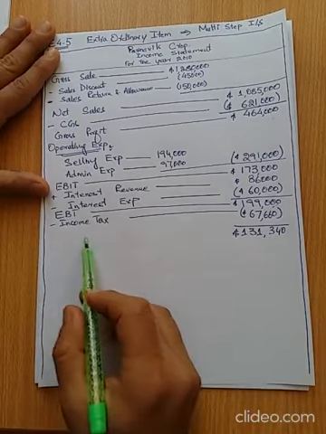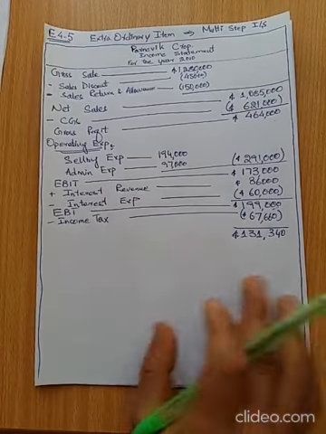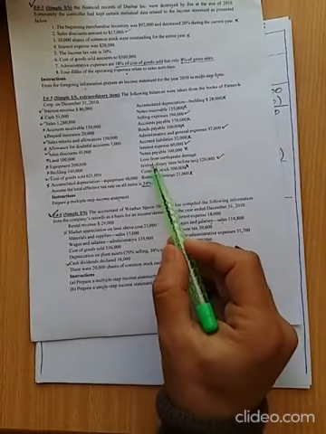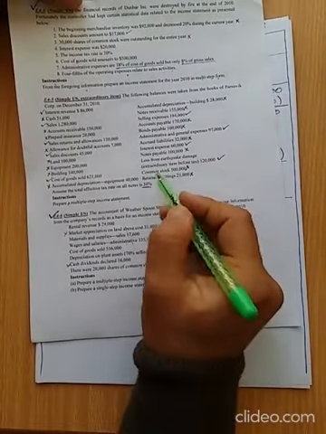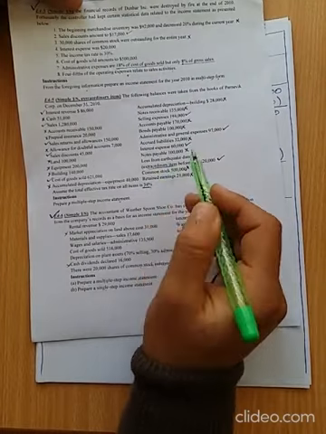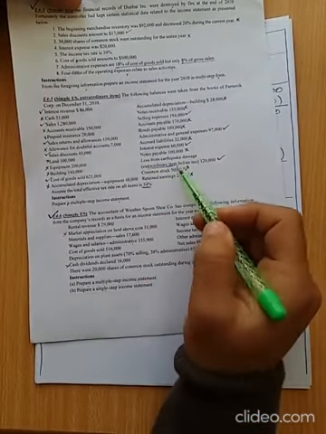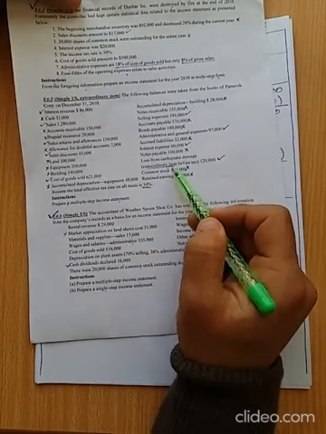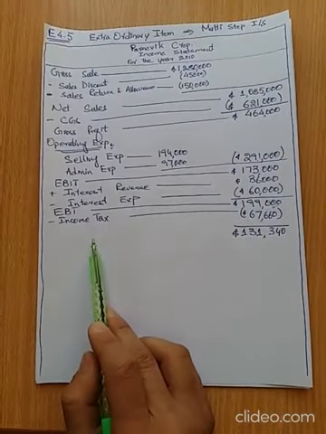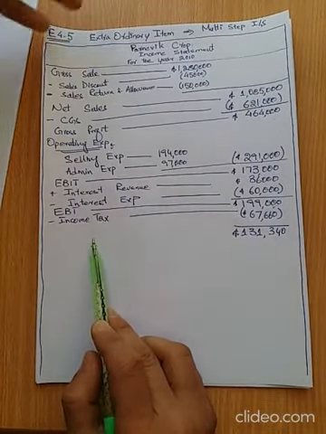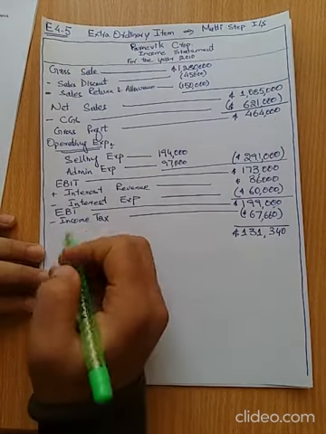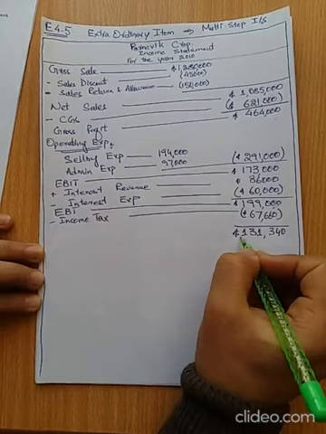Now, ladies and gentlemen, when you look into the basic income statements, obviously this figure here, 131,000, must be called the net income. But as we are dealing with a situation where we had a loss from the earthquake and it is an extraordinary item, as I told you in the basic concept video of extraordinary item and discontinued operation, we do not write the net income here. We write income before extraordinary item, or income before discontinued operation. So I will not title it as net income.